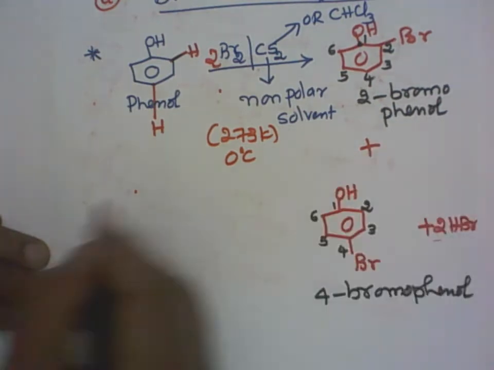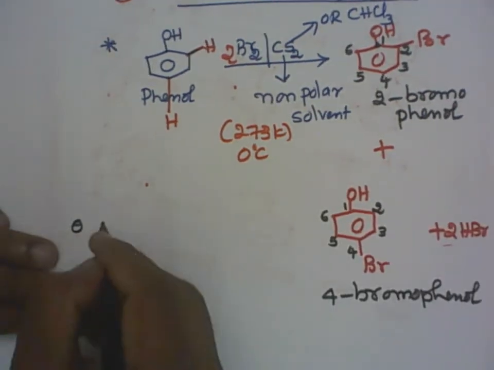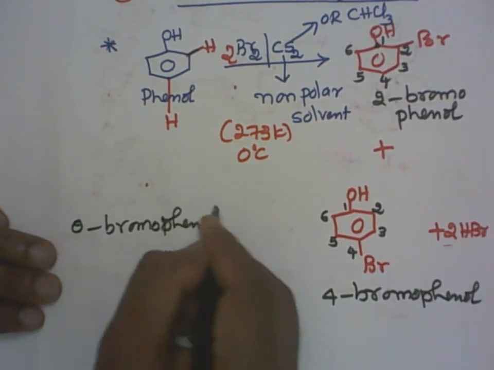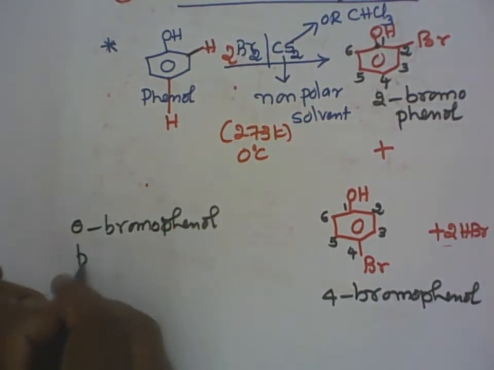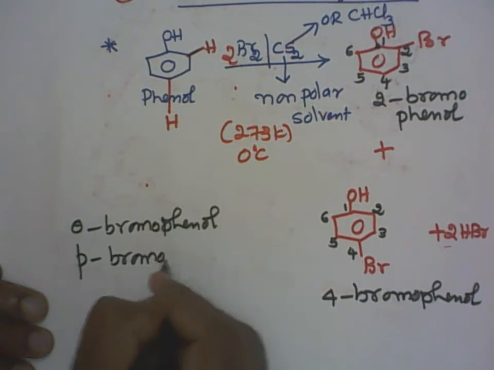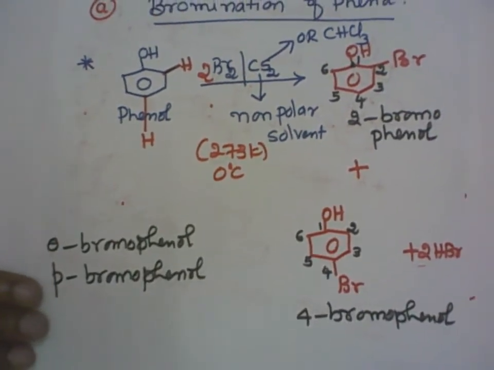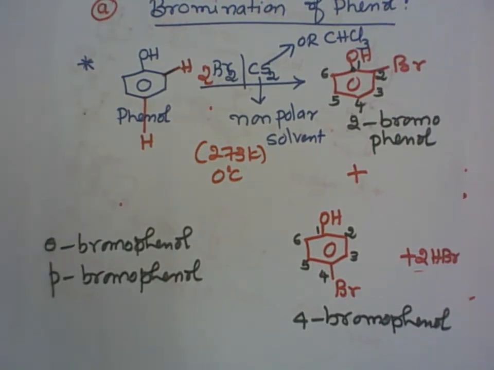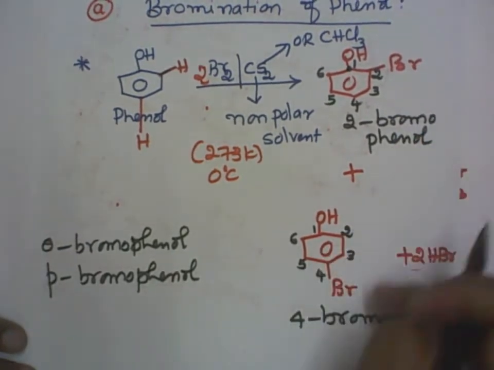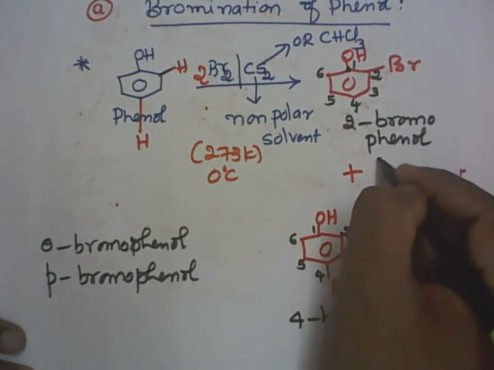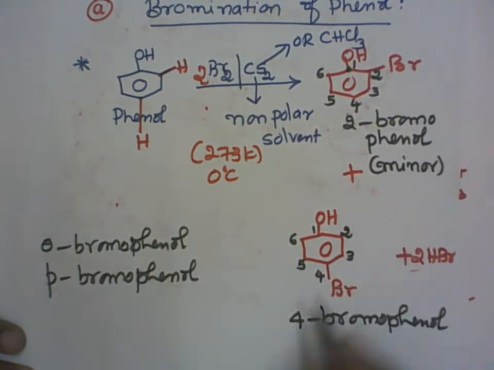The first one is ortho-bromophenol, and the second one is para-bromophenol. If they ask you which is the major product and which is the minor product, both are not formed 50-50. Remember, the ortho product is generally the minor product and the para product is generally the major product.